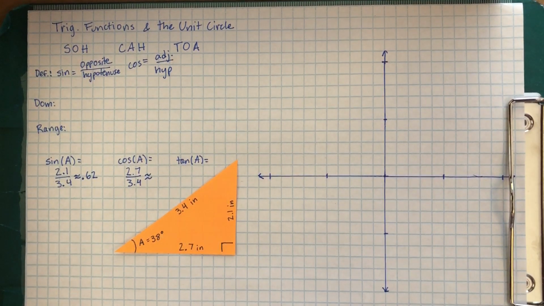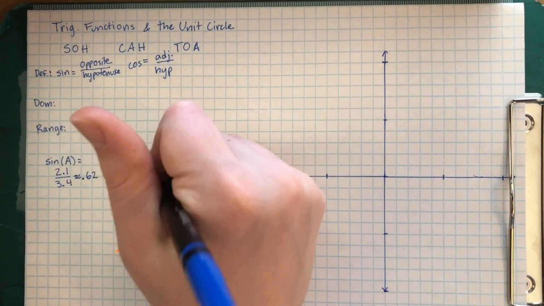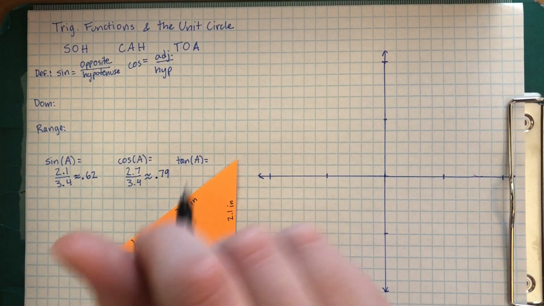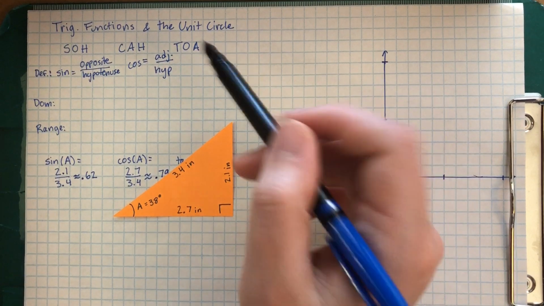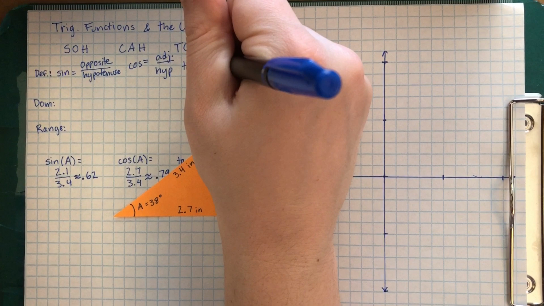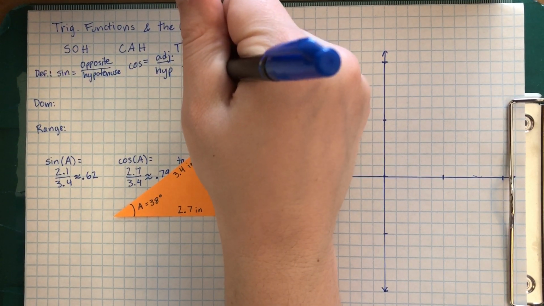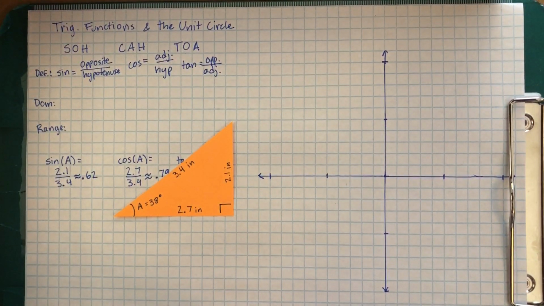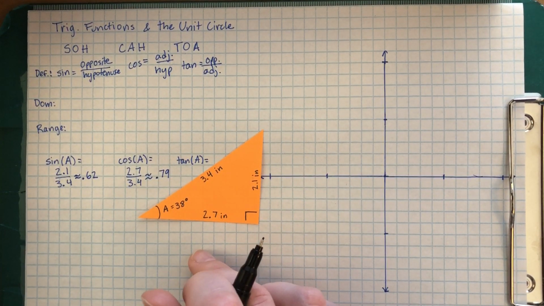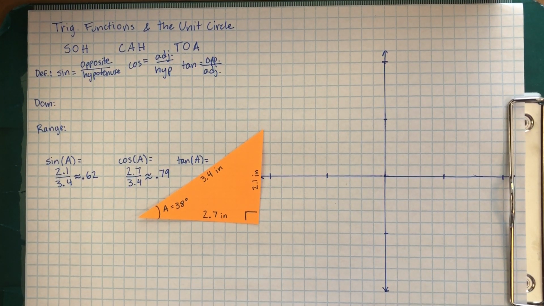Which, when we round it, equals about 0.79. And now the tangent to A is opposite over adjacent. So in this case, that would be 2.1 over 2.7, which is about 0.78.